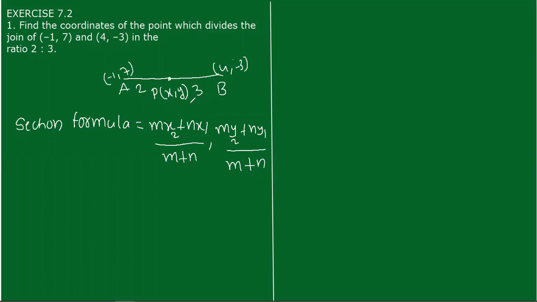One is internally, one is externally. Now, here we have internally. For internally, the formula is (mx2 + nx1) by (m + n) and (my2 + ny1) by (m + n). For externally, in place of the plus sign, we have to put minus. That's it, okay?